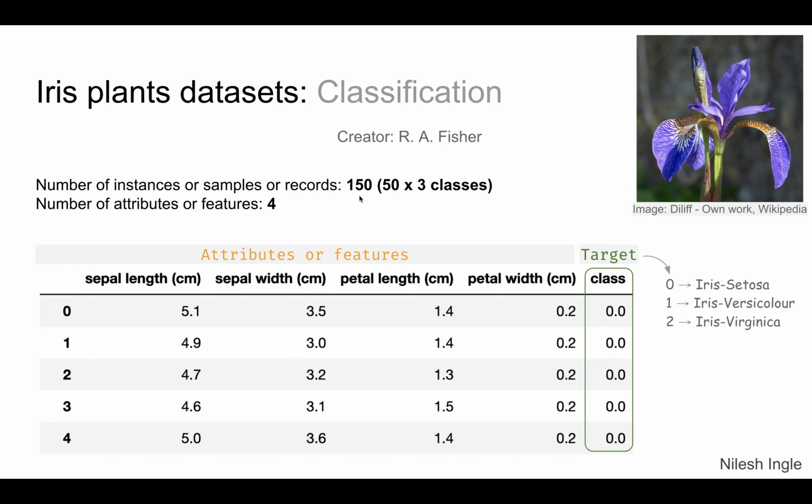So here we have 150 total records. Each class has 50 records or 50 instances or samples, and we have four features. These four features are listed here, and this is a toy dataset that we can use for creating models for classification.